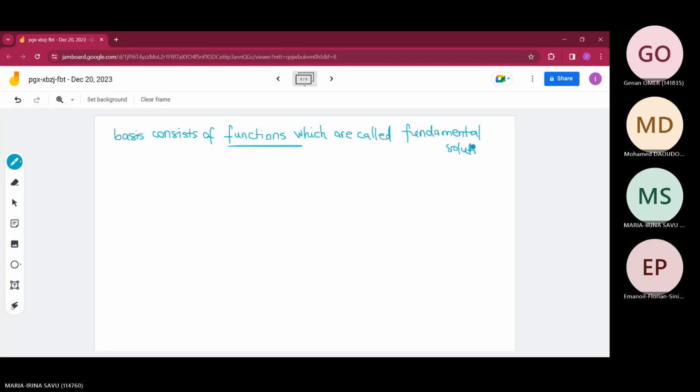So let's see how this function looks like. Let's take lambda 1.